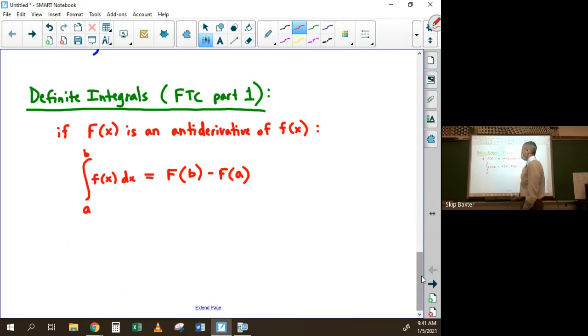That's the fundamental theorem of calculus, part 1. It just tells you what to do. You take the indefinite integral and you just plug in b, plug in a, and you subtract the two.